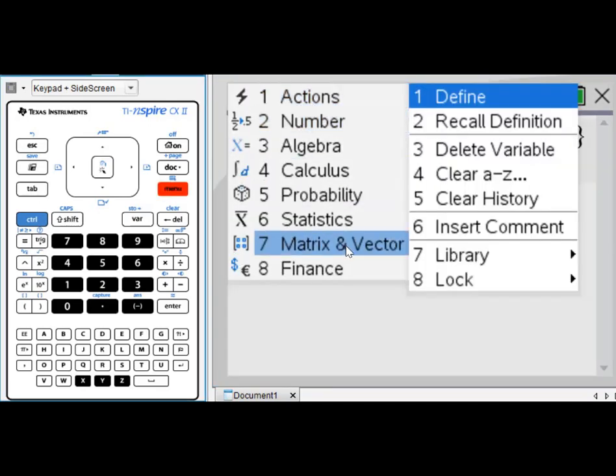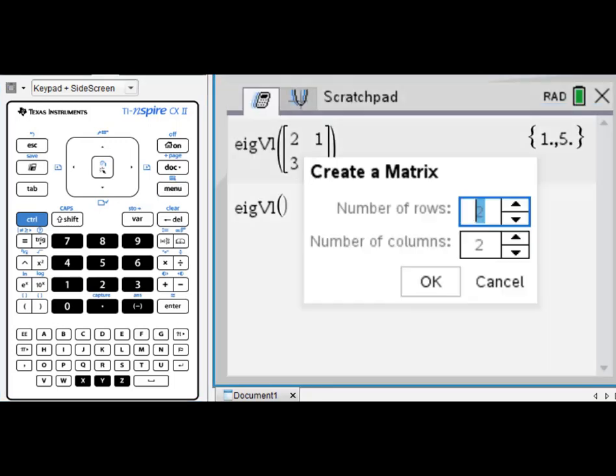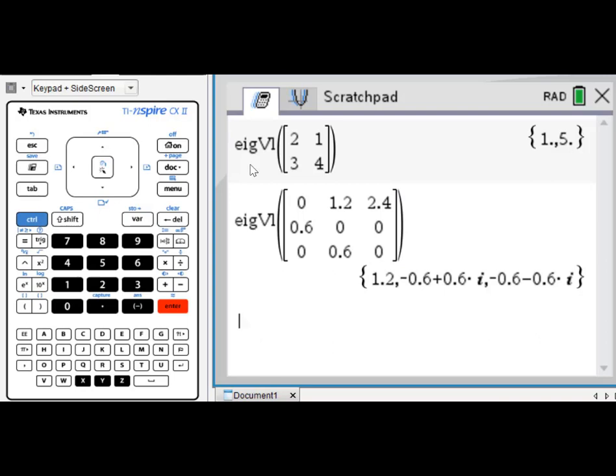If you're doing Leslie matrices, chances are you already have that Leslie matrix defined because you've been using it or you're going to use it for other things. So you just put in the variable that you defined it as. But if not, you can just type your matrix into the calculator. And you can see that dominant positive eigenvalue there of 1.2.